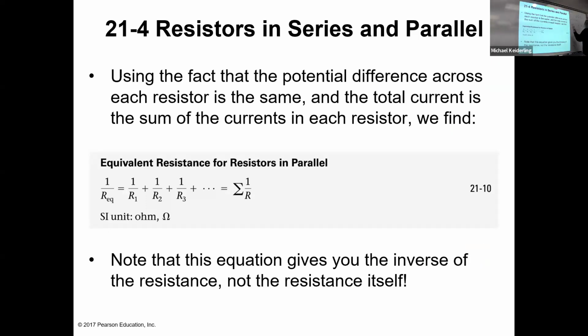So using the fact that the potential difference across each resistor is the same and the total current is the sum of the currents, we find 1 over the equivalent resistance is 1 over R1 plus 1 over R2 plus 1 over R3.